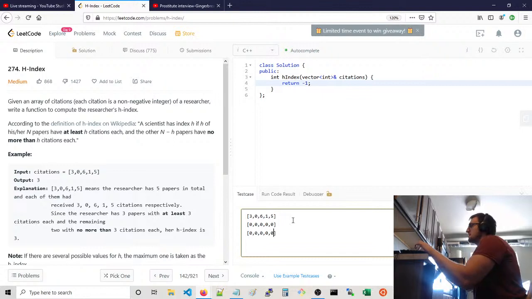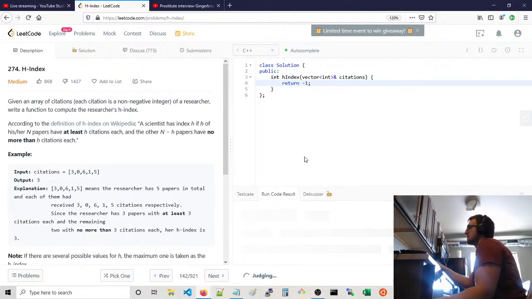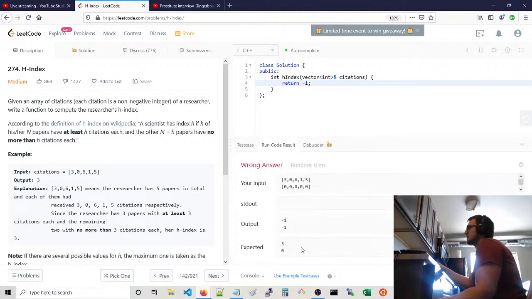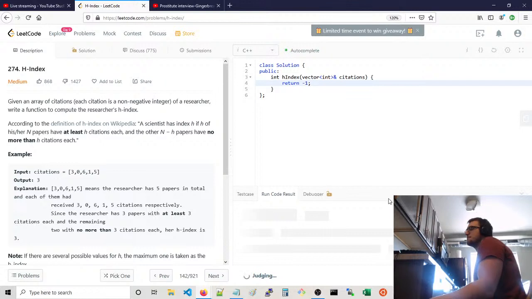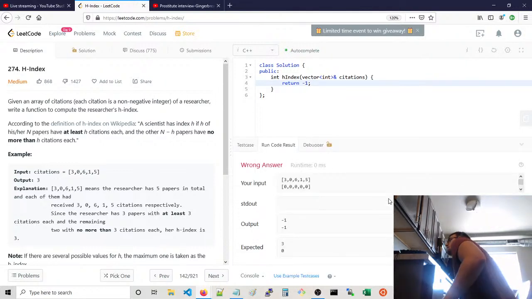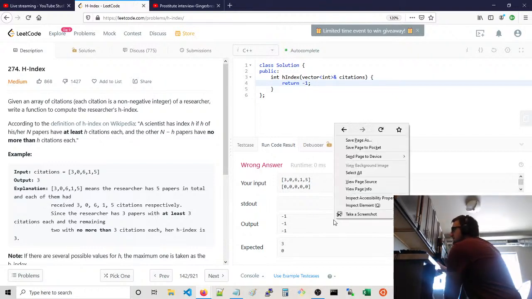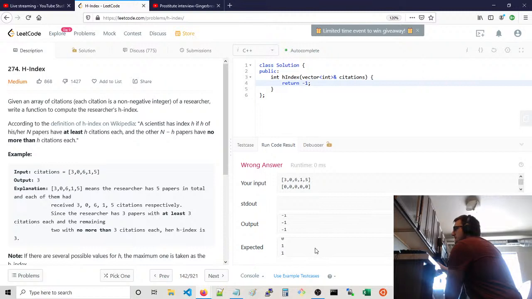If you put 1 in there, you should get a 1. Fortunately we can use their code running tool here, this test case tool, to find out what's expected.